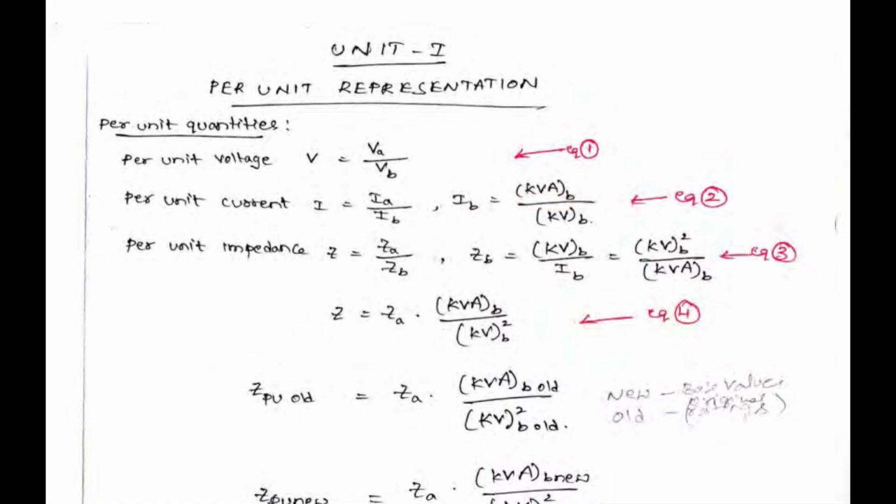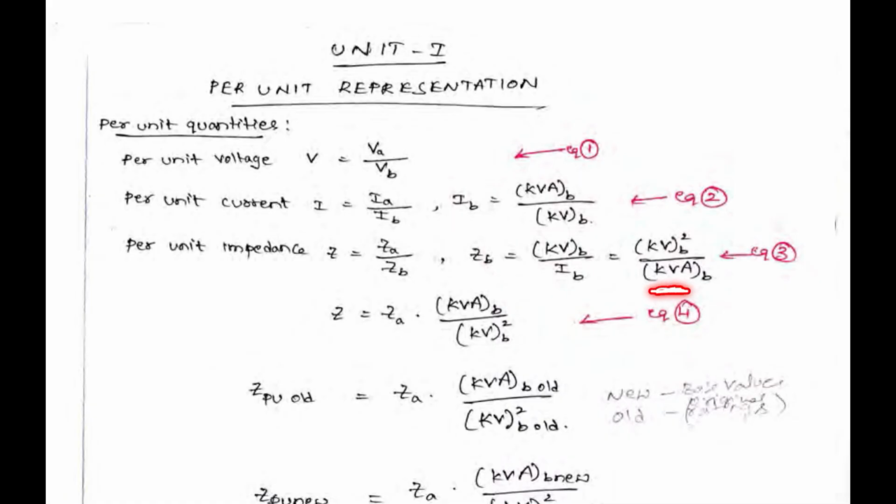Next, coming to the per unit impedance, Z equals ZA by ZB, that is, actual value by base value. The base value can be written as V by I, that is, base kV by base current. So we can substitute the value of IB here, that is KVB by KVAB.